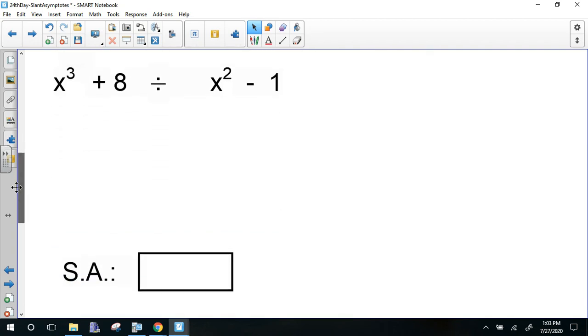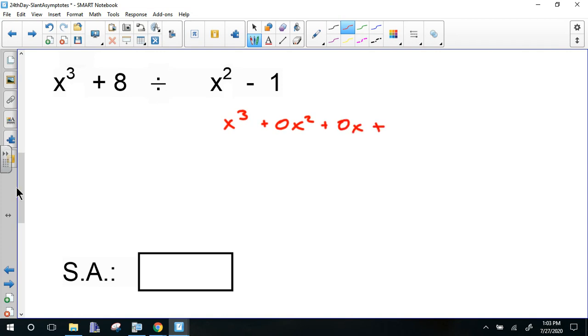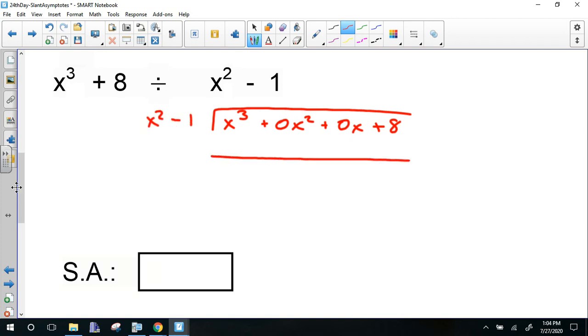So we have to do the math. We're going to have x cubed plus 0x squared plus 0x plus 8, and we're going to divide it by x squared minus 1. What do we multiply x squared by to get x cubed? We multiply by x. X times x squared is x cubed.